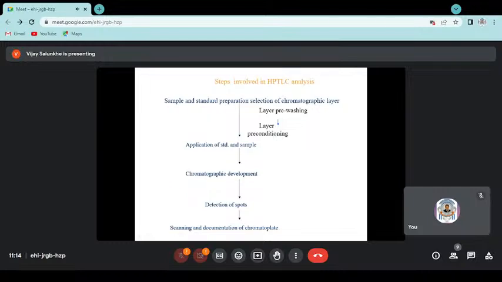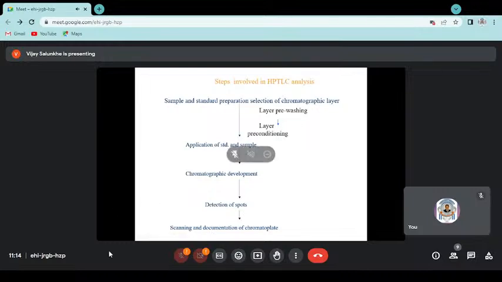We can go for the trial and error method, and that mobile phase should be saturated for 20 minutes in the twin trough chamber. After saturation, place the pre-coated aluminum silica plate at a 45 degree angle in the twin trough chamber, allow the mobile phase to run in ascending order, and after some time remove it and detect the spots.